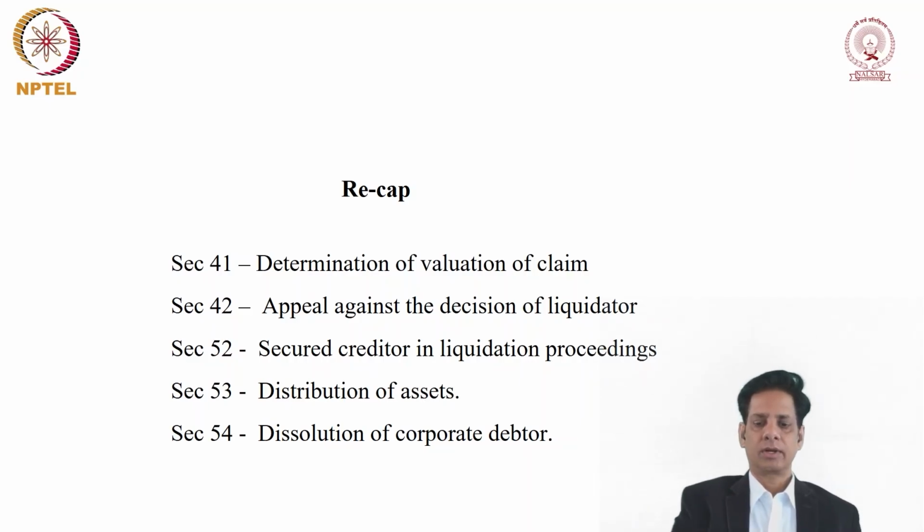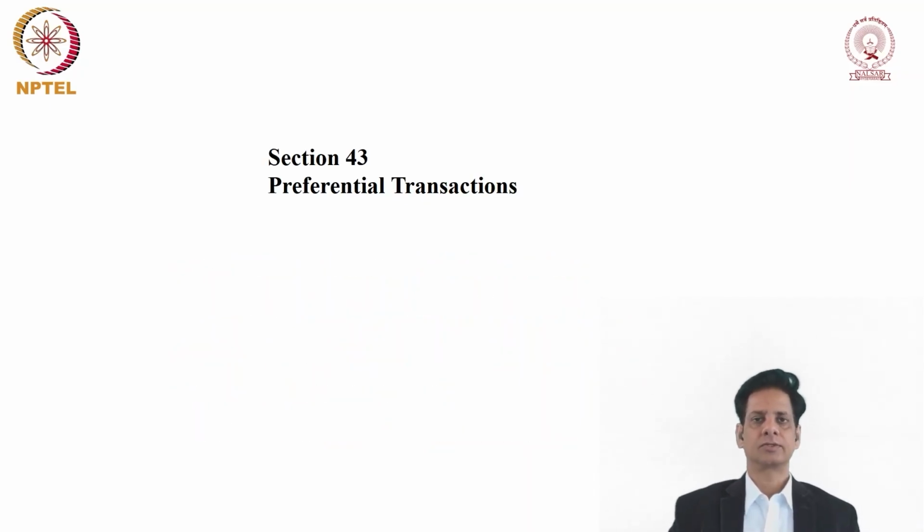But before I take you to preferential transactions and show you what Section 43 is speaking about, it is very important for us to understand the background of the entire concept. There are 4 transactions which we call avoidance transactions under IBC. What do you mean by avoidance transactions?